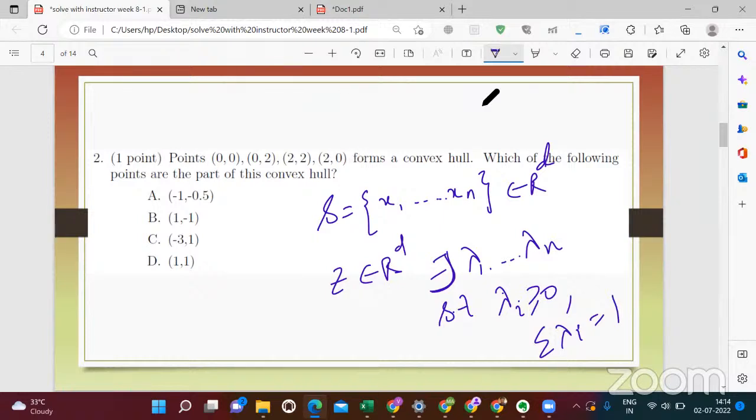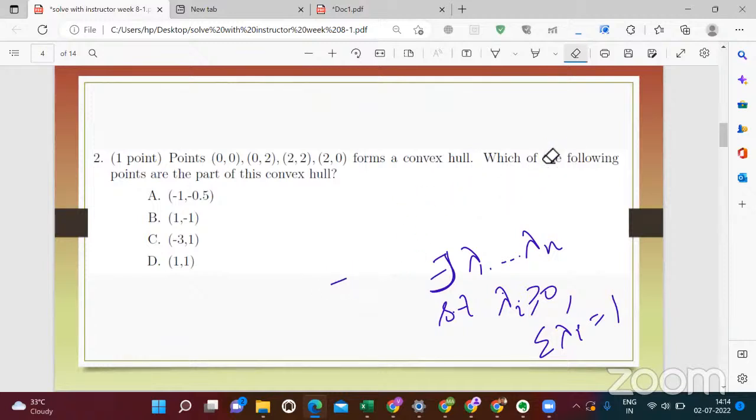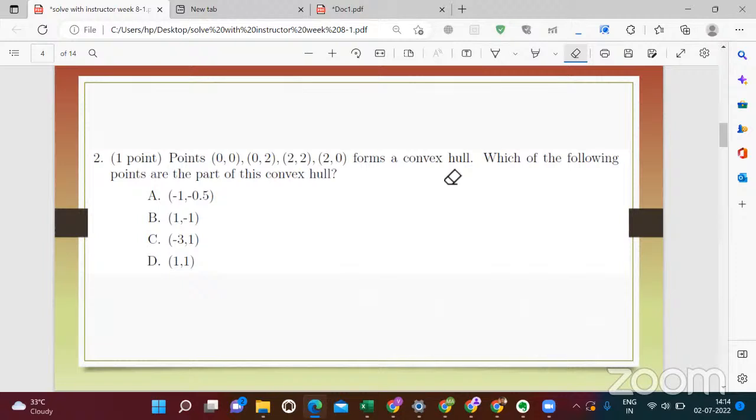Without using this property also, we can directly say this will just form a trapezium sort of thing. Not even a trapezium, it's a square.